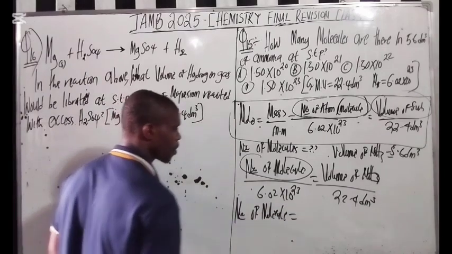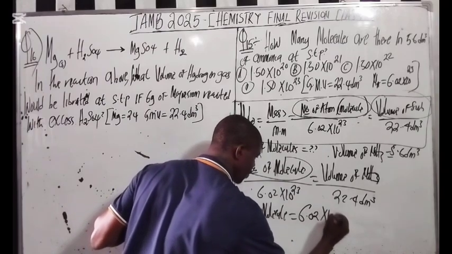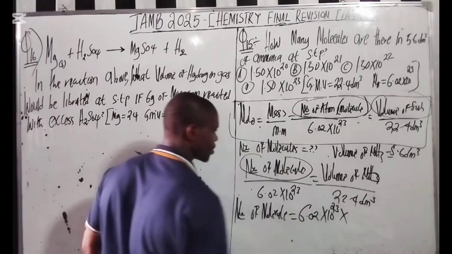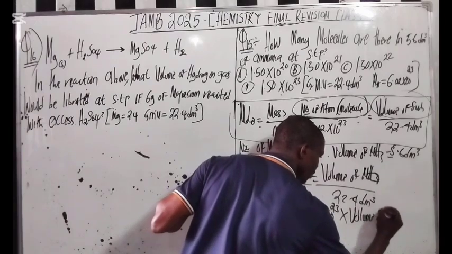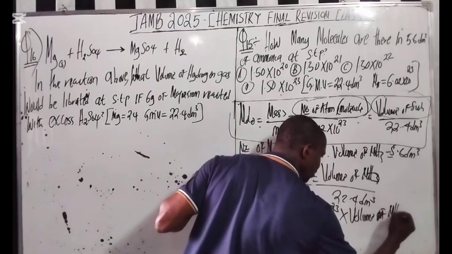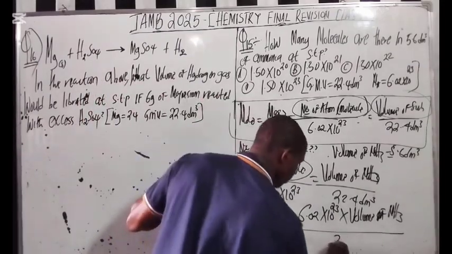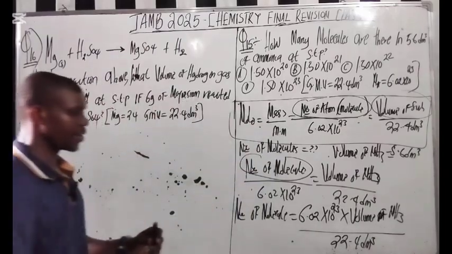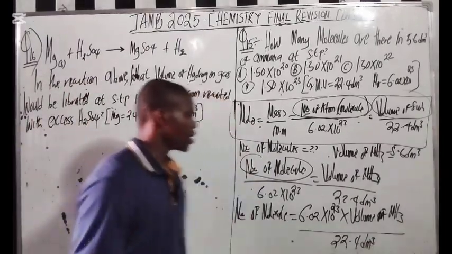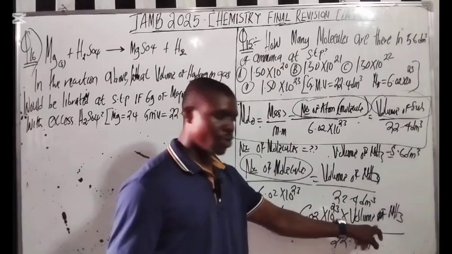is equal to this times this: 6.02 exponential 23 times volume of NH3 over 22.4 dm cube. So now what I want to do here is substitute the values.